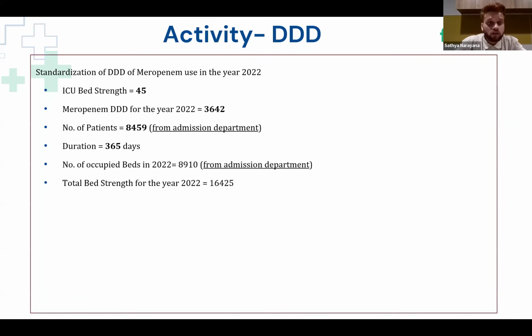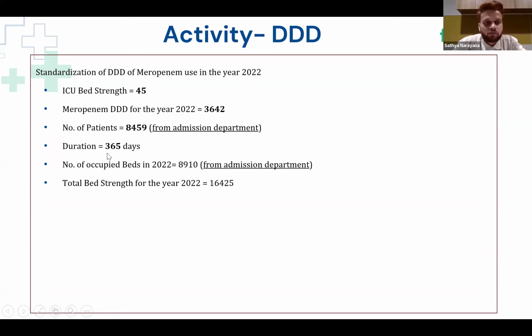This would be very precise. So here we'll be talking about each and every parameter that we just discussed in the formula. Consider, as a hypothesis, we are calculating the DDD of meropenem for the year 2022. The bed strength of an ICU is 45, and the meropenem DDD for the year 2022 is 3642. The number of patients is 8459, and this we get from the administration or the quality department.